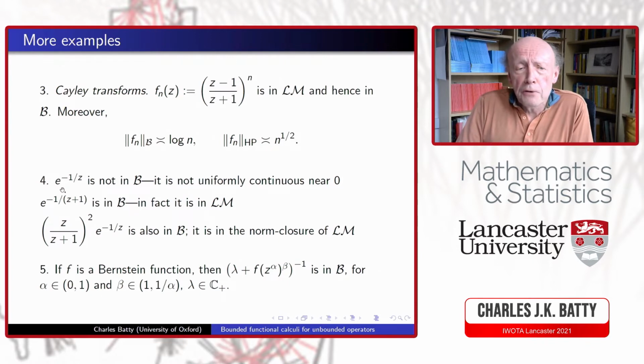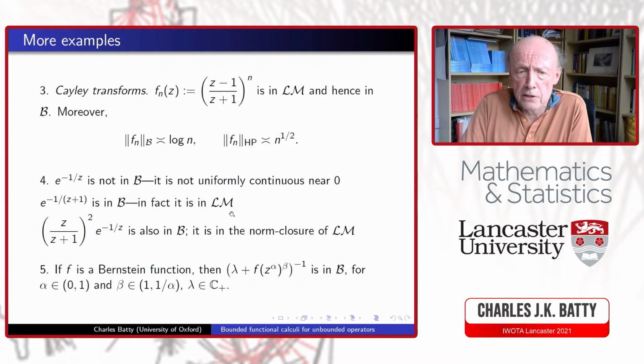Now, I'm also interested in the function e to the minus 1 over z, which is holomorphic and bounded on the right half plane and so on, but it's not in B. How do I know that? Because it's not uniformly continuous near 0. If you shift the z variable, e to the minus 1 over z plus 1, that is in B. Actually, it's in LM.